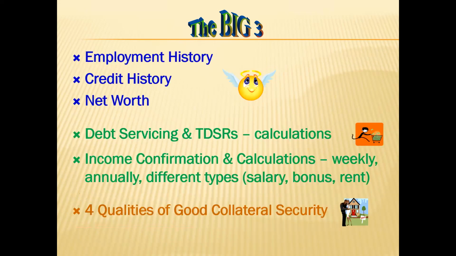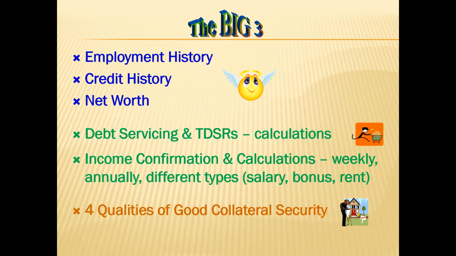And so we have them broken down. Again, blue for character, green for ability, and supposed to be gold for collateral, but the gold didn't actually show up on the backdrop, so it's kind of a bronzy brown color. The three major thrusts of character: employment history, credit history, net worth.